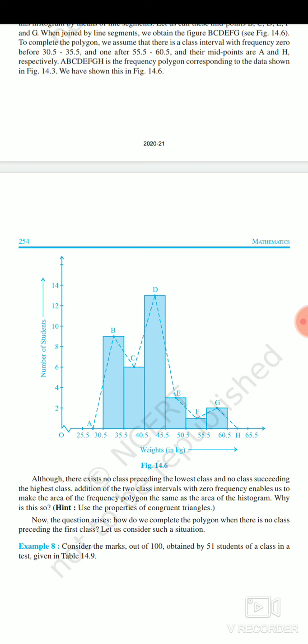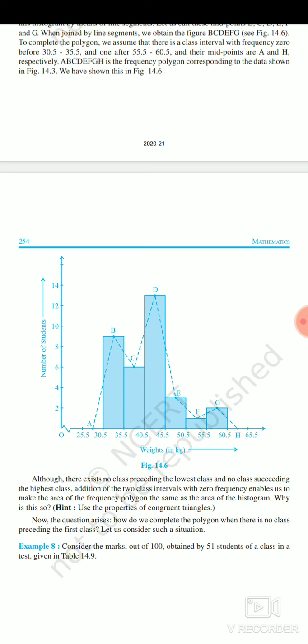So for 30.5, you need to subtract 2.5 from 30.5. How is it 2.5? Your class width is 5, so divide by 2, that is 2.5. If your class width is 10, divide by 2, that is 5.